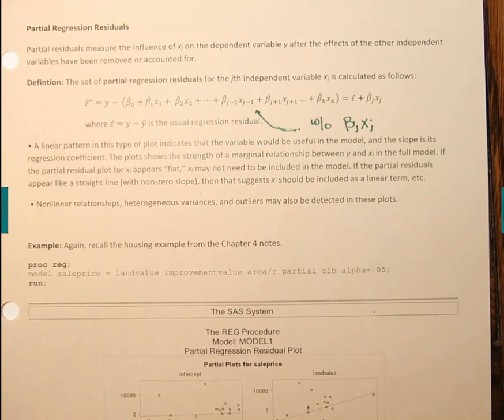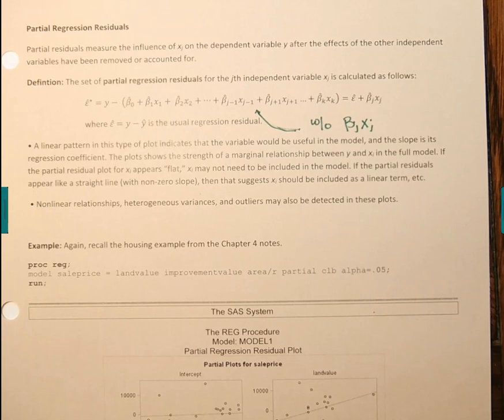So what this tells us is a linear pattern in this type of plot indicates that the variable would be useful in the model, and the slope is its regression coefficient. The plot shows the strength of marginal relationships between y and xi in the full model. If the partial residual plot for xi appears flat, xi may not be needed in the model.